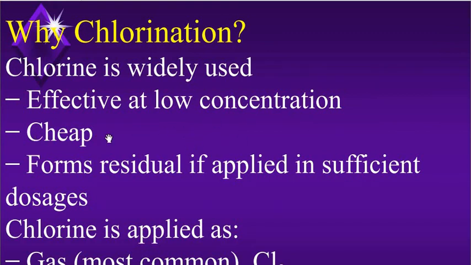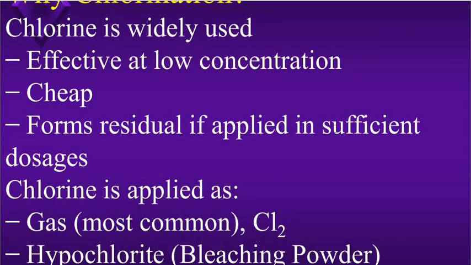It is cheap in nature, and it forms a residual if applied in sufficient doses. These are the three major points: it is effective at low concentration or dose, it is cheap in nature, and it forms a residual presence if applied in sufficient doses.